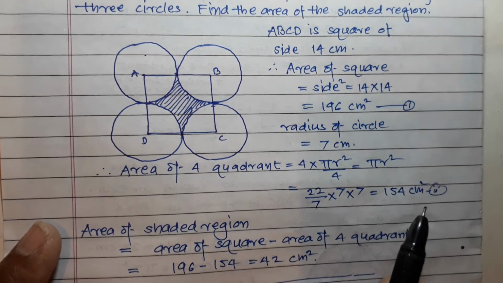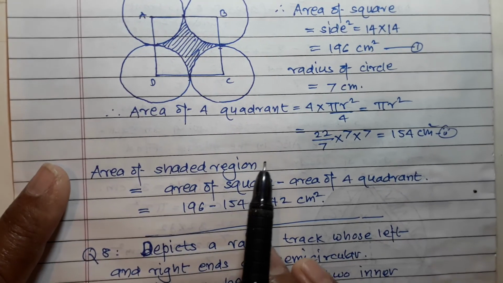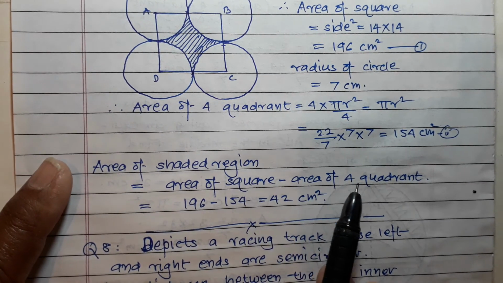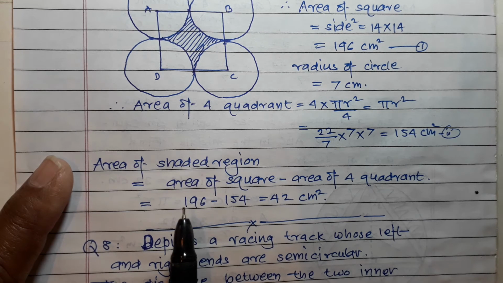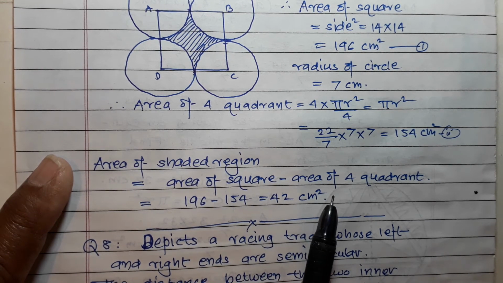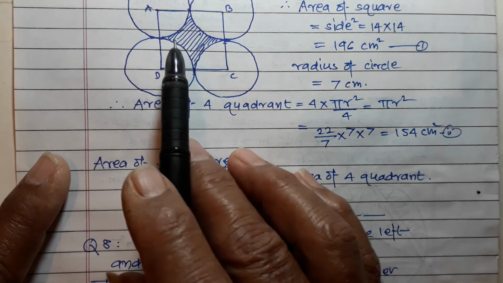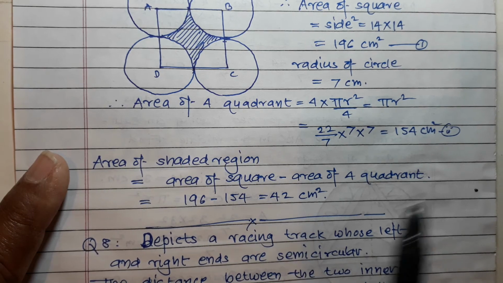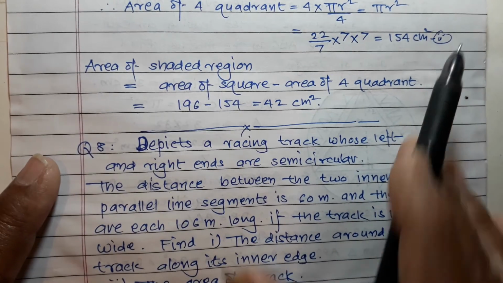Statement number 2. Then area of shaded region is equal to area of square minus area of 4 quadrants. So 196 minus 154 gives you 42 cm square, and hence area of the shaded region is equal to 42 cm square.